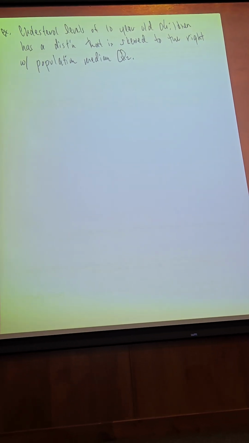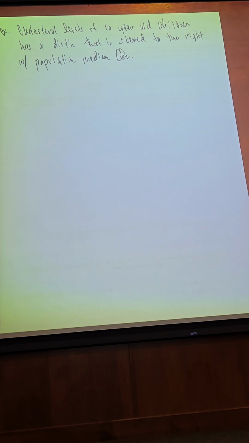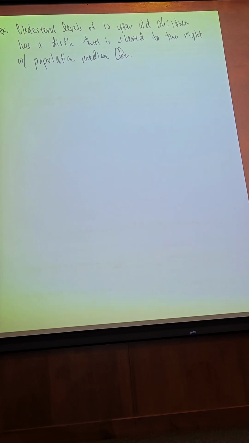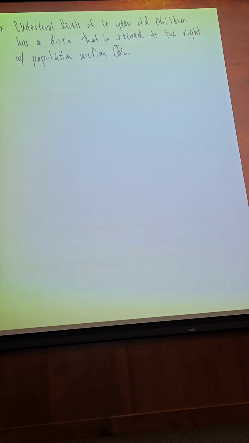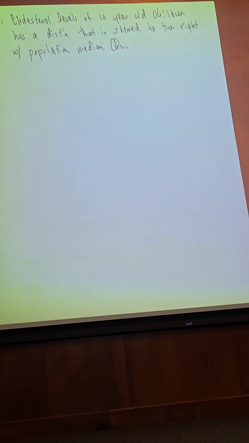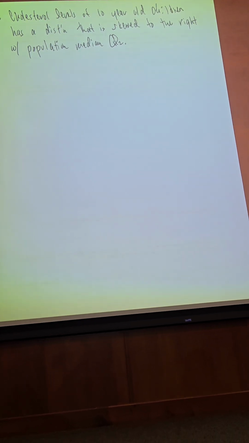So we're looking at the cholesterol level of 10-year-old kids, and it's skewed to the right. So most kids have a reasonable cholesterol, but there's a few that are higher for whatever reason. And we're assuming that the population median is some value Q2.